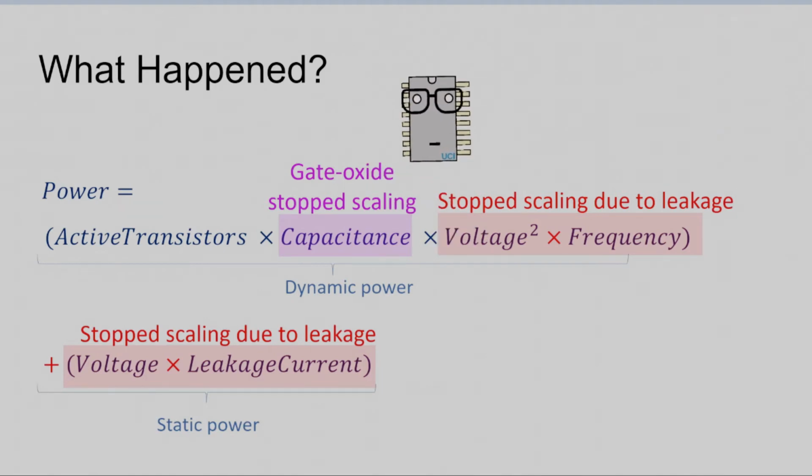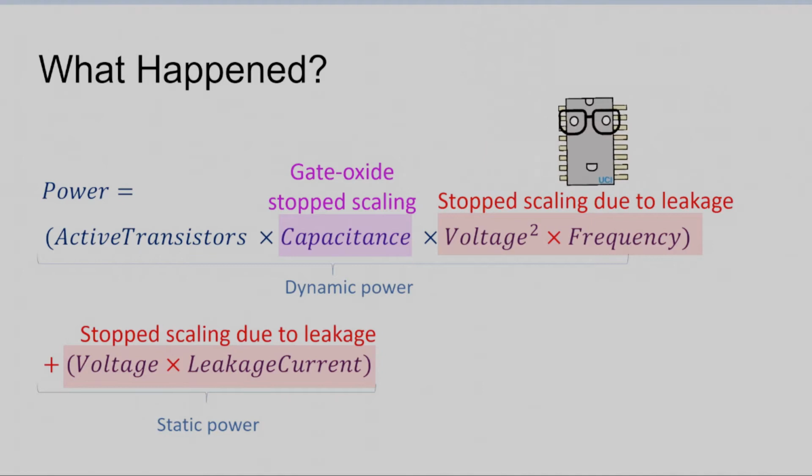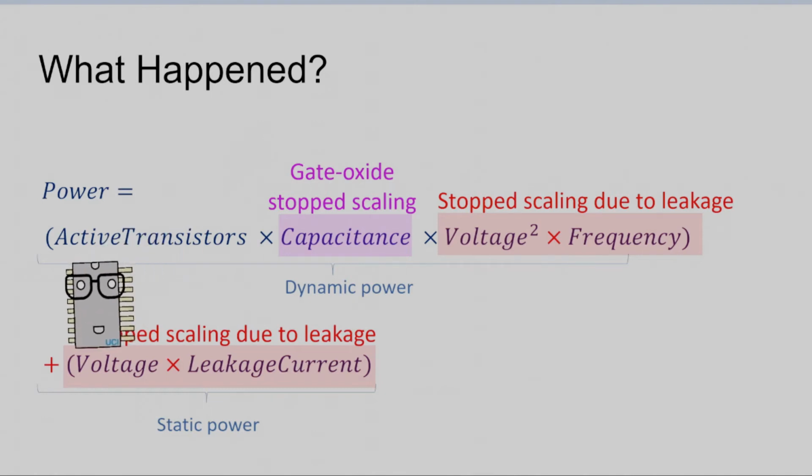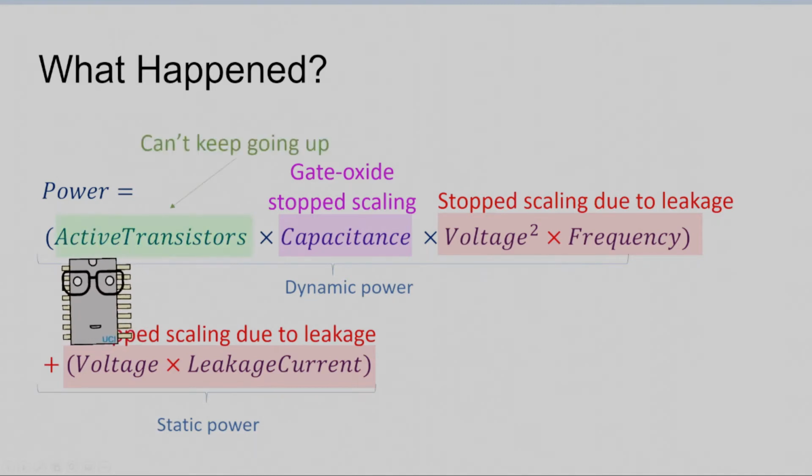Capacitance stopped scaling, voltage stopped scaling, frequency stopped scaling. So the only thing that's left used to be the number of active transistors, meaning the number of transistors that are doing actual work. The problem is, even this can't keep going up, because as active transistors keep going up, that has a directly proportional impact on the amount of power consumption.